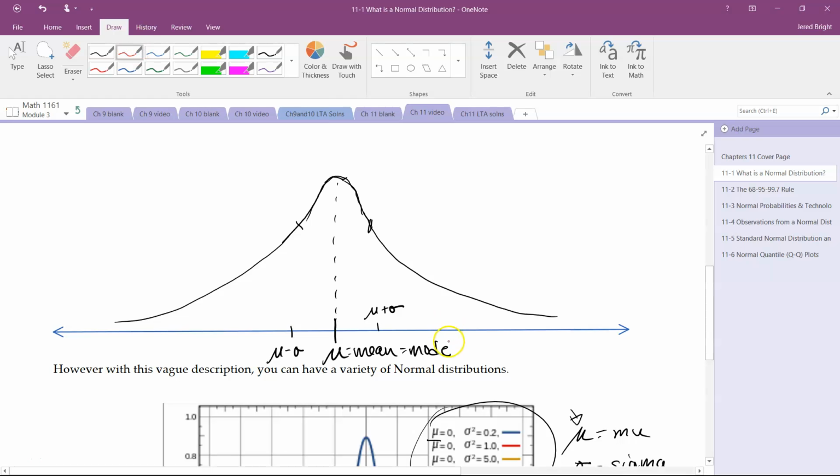The answer is right where the mean and mode are. Because again, it is symmetric. Whatever the halfway part is, where it should fold, that folding point is right where the mean and mode are. So a nice other property about the normal distribution: the mean, mode, and median are all the same.